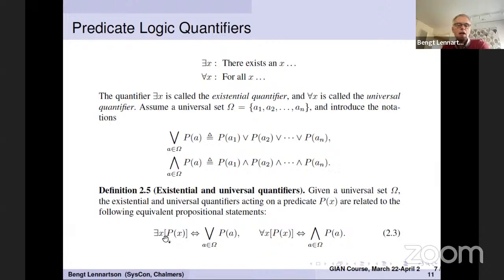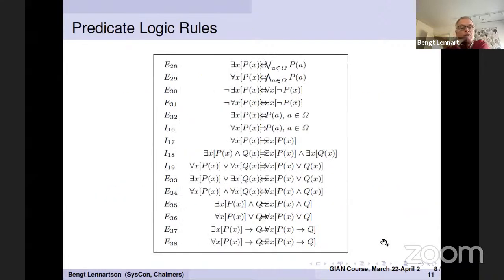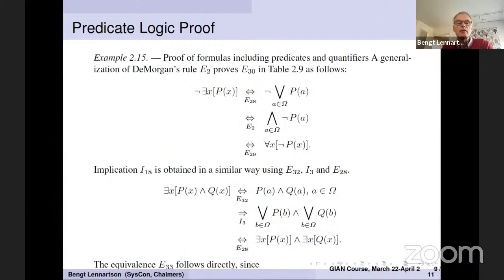So the existence of P of X can be described as this set of or operators on P of A, where A belongs to omega, and for all means that you replace the set or with set and instead. Well, there's some bad handling in LaTeX when I compile it, but we can skip this.